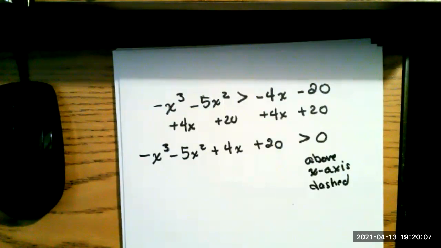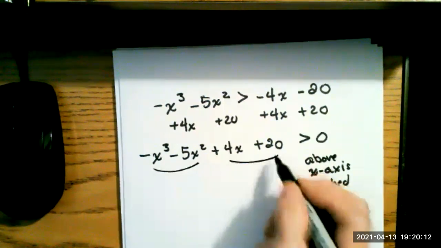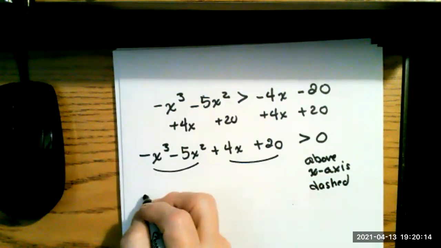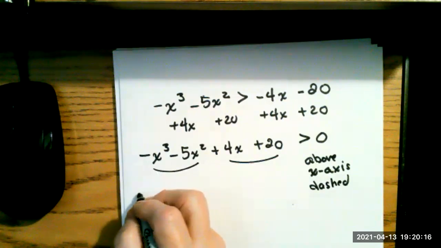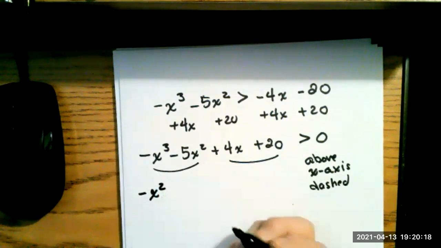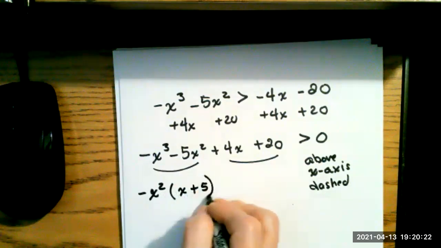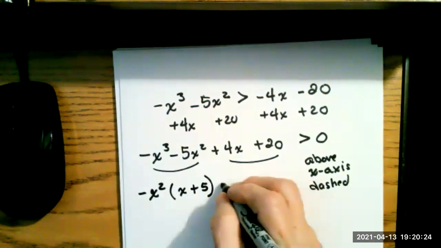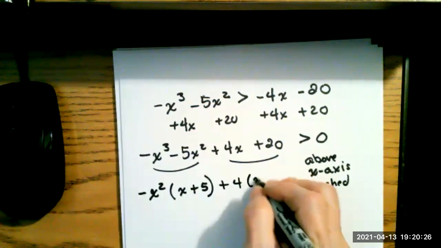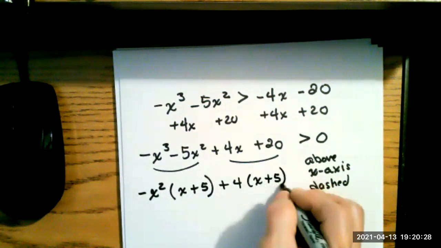So, I wonder if this thing will factor. Let's see if it will. I can factor out a negative x squared, and I would have an x plus 5, I think. And I can take out a 4, and I'll have an x plus 5.